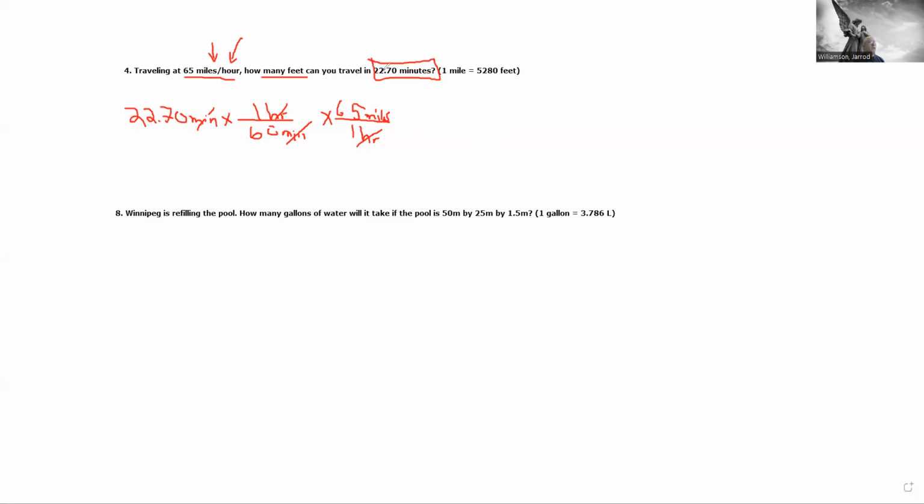It says how many feet. I have a relationship here. 1 mile is 5,280 feet. I'm going to put miles on the bottom because I had miles on the top over there. This will be 5,280 feet.